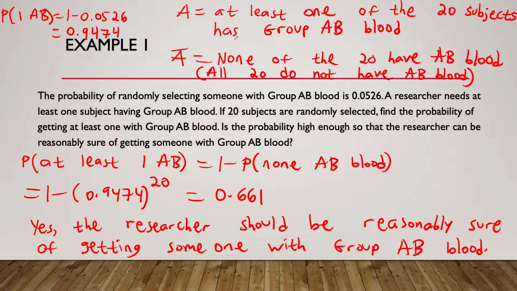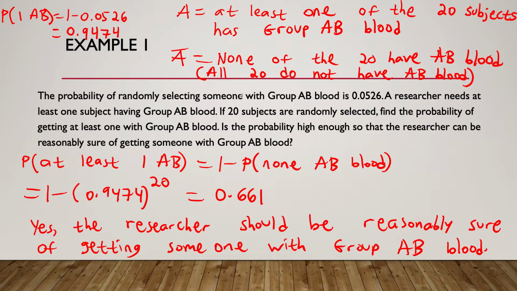So for this, we need to denote our event A as at least one of the 20 subjects has group AB blood. A complement then is less than 1, so none of the 20 subjects have group AB blood, which means all 20 do not have AB blood.